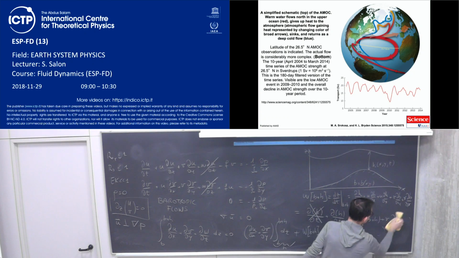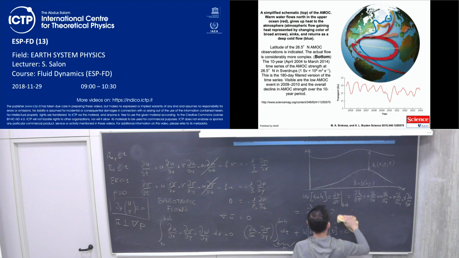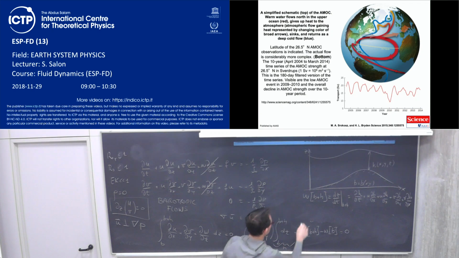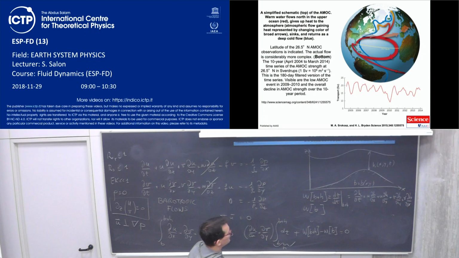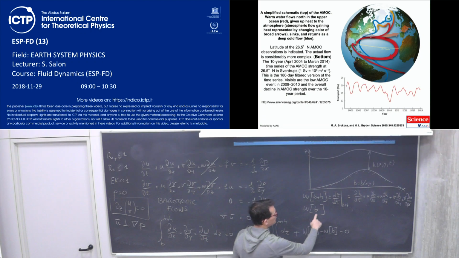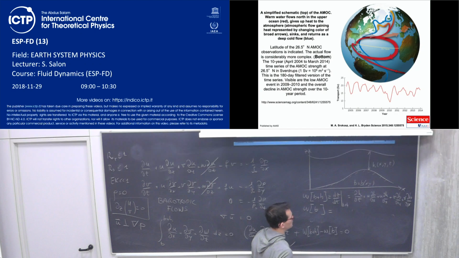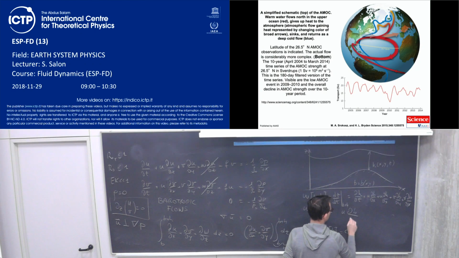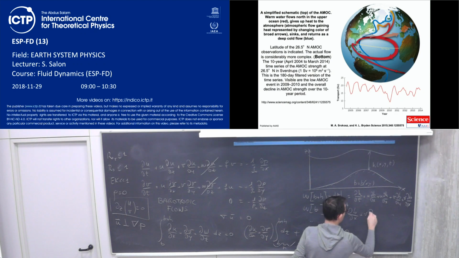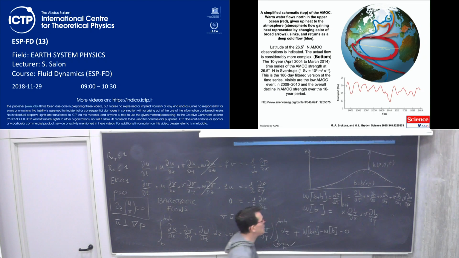Okay, so let's do the same for the other one, which is the vertical velocity calculated in b. If we do the same operation, we will have simply the two horizontal advection terms, because we will not have any dependence on t, and again not any dependence on z.